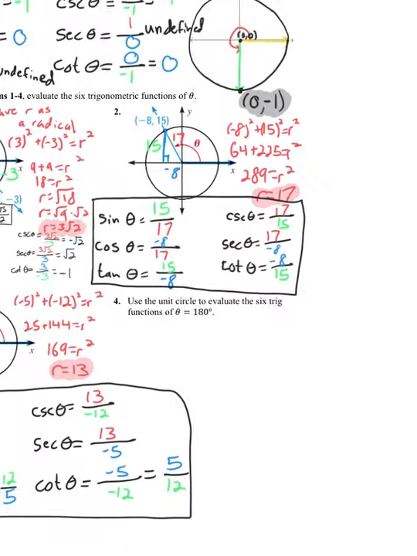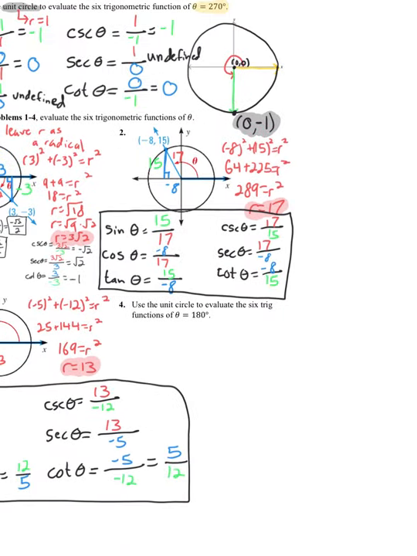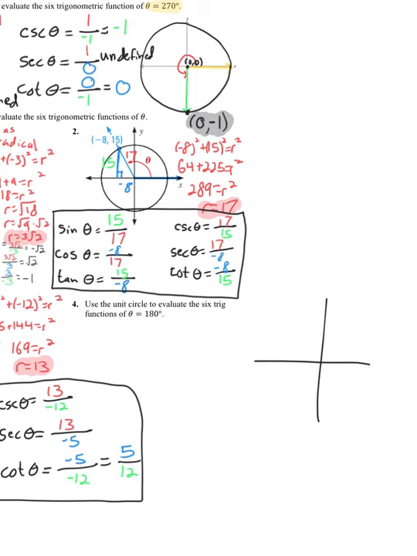And last, but certainly not least, problem 4 says use the unit circle to evaluate the 6 trig functions at theta equals negative 180 degrees. So we start there, we rotate 180 degrees, which means we're going to end over here at this point.